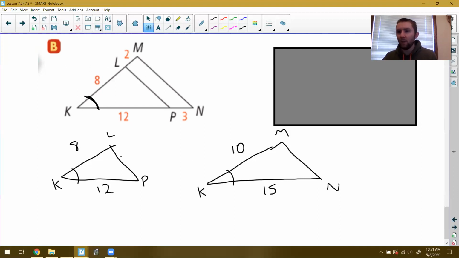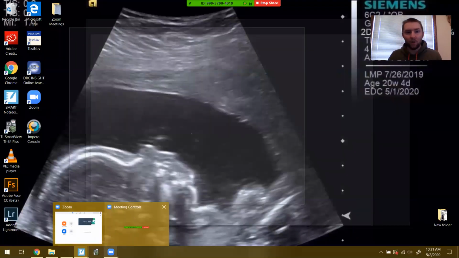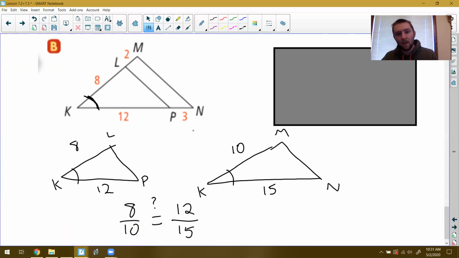So if I can show that those two pairs of sides are in equal ratios, I will have side-angle-side similarity. So I'm going to write these two ratios, 8/10 and 12/15. Okay, and the question is, are those the same? Well, remember that another way to check if ratios are the same is to do your cross multiplication and see if you get the same thing.